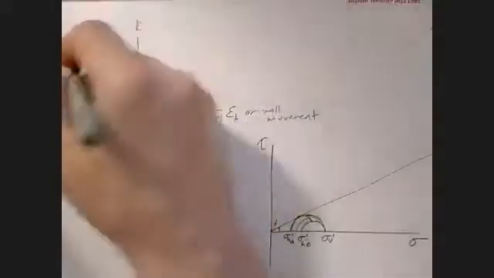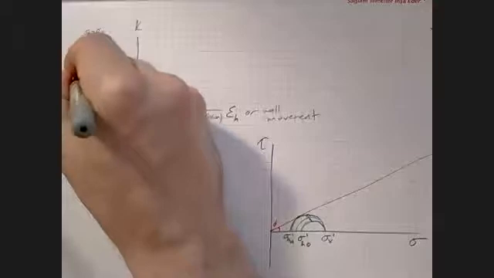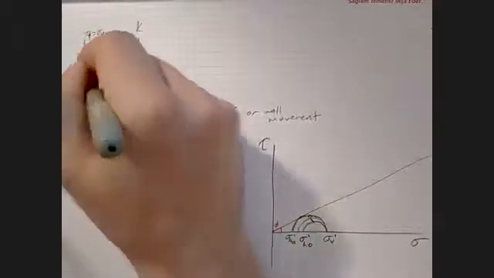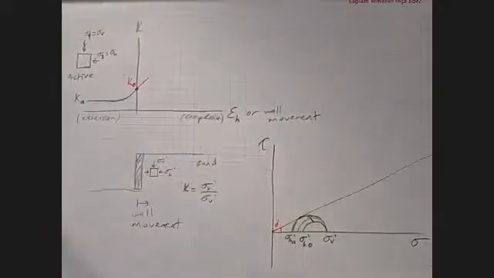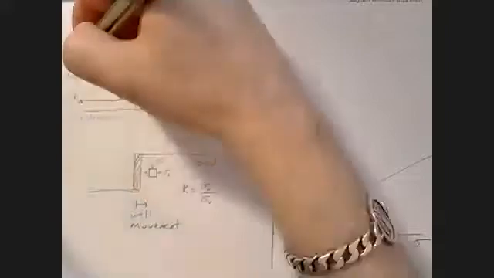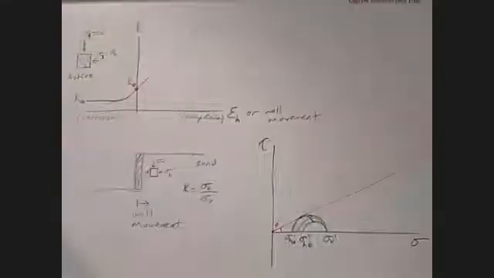And this is called active failure. And then you get 45 plus phi over 2 angled failure planes.